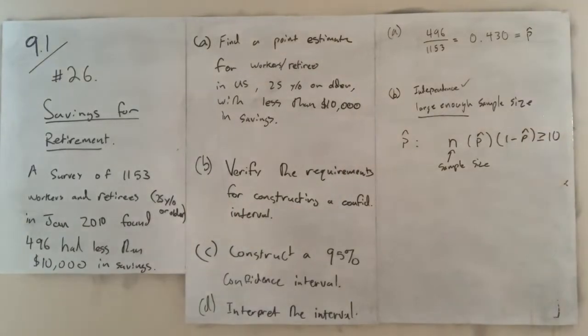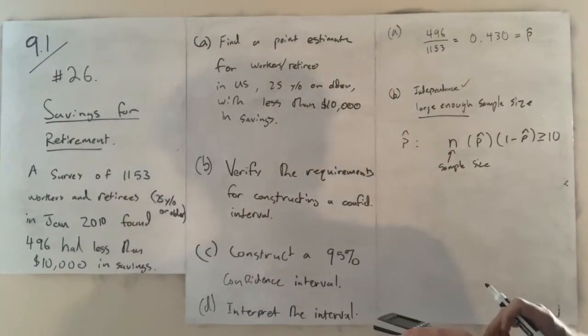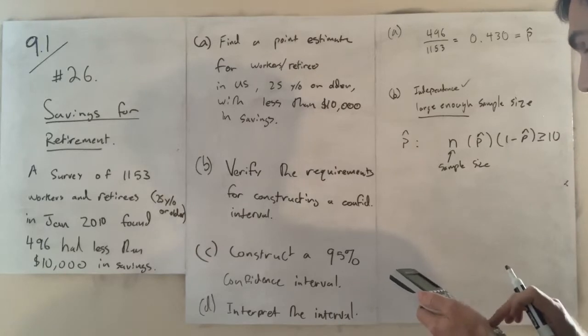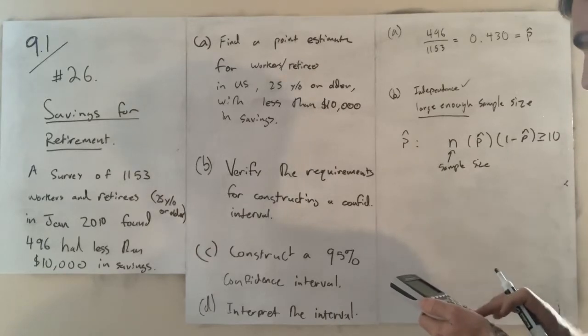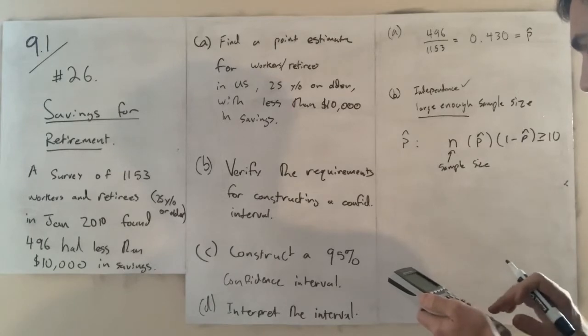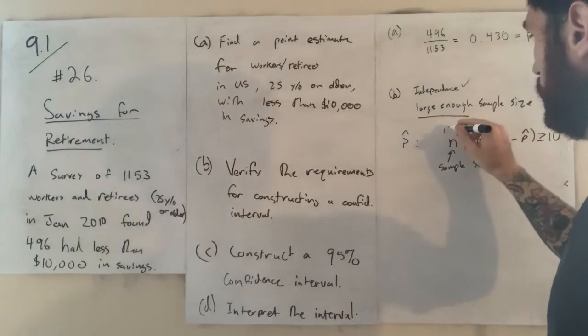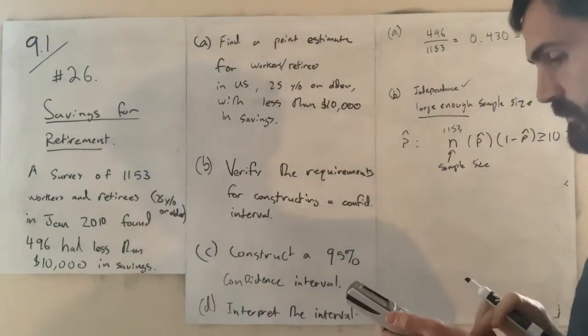How do we work that out? We plug it into our calculator. So we have 0.43 times 1 minus 0.43 times, what's our sample size? Our sample size is 1153.